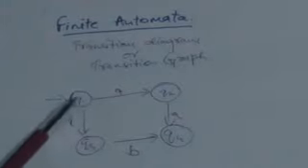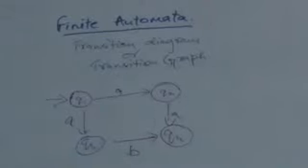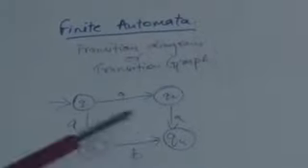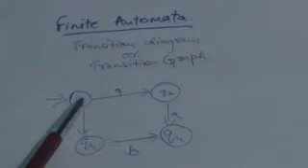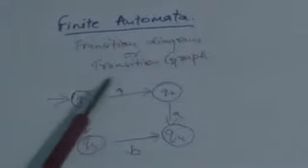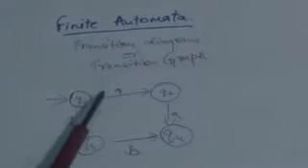Here Q1, Q2, Q3 and Q4, these nodes of the graph, or we can say of the transition graph or transition diagram, represent 4 states of the finite automata. And these arrows represent transitions. Now consider this arrow.